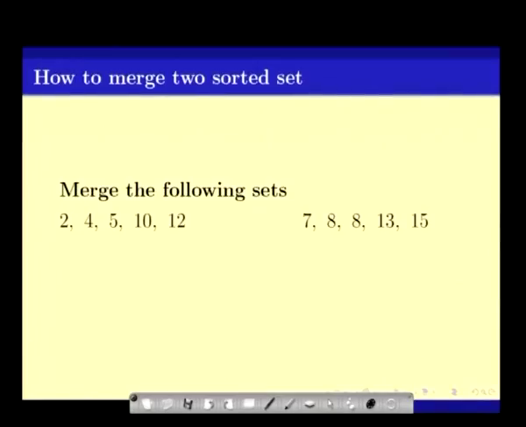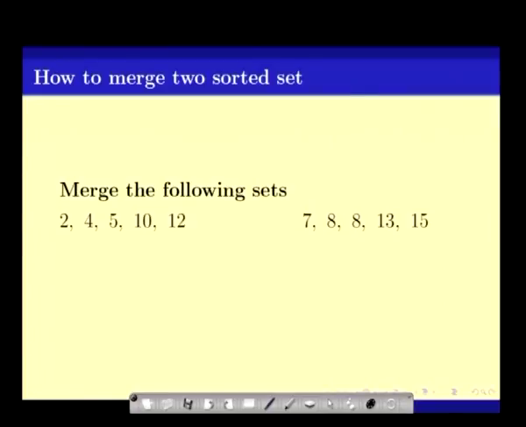Here is the algorithm for this merging. I will again explain this merging using this example, and I will ask you to go back and write up the pseudocode. This will be the question for this lecture.